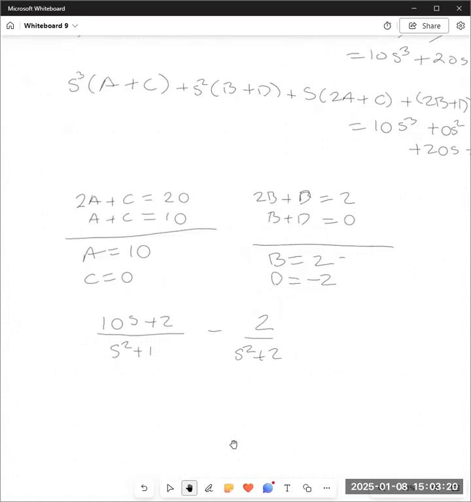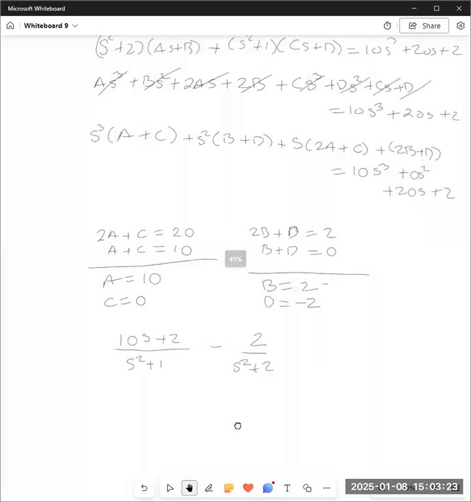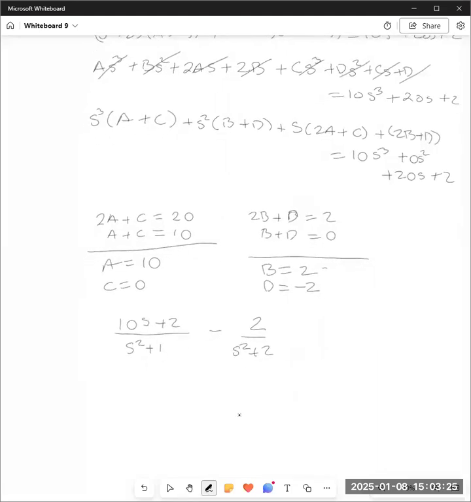Let's put this over here a little bit, zoom out. Capital Y of s equals.